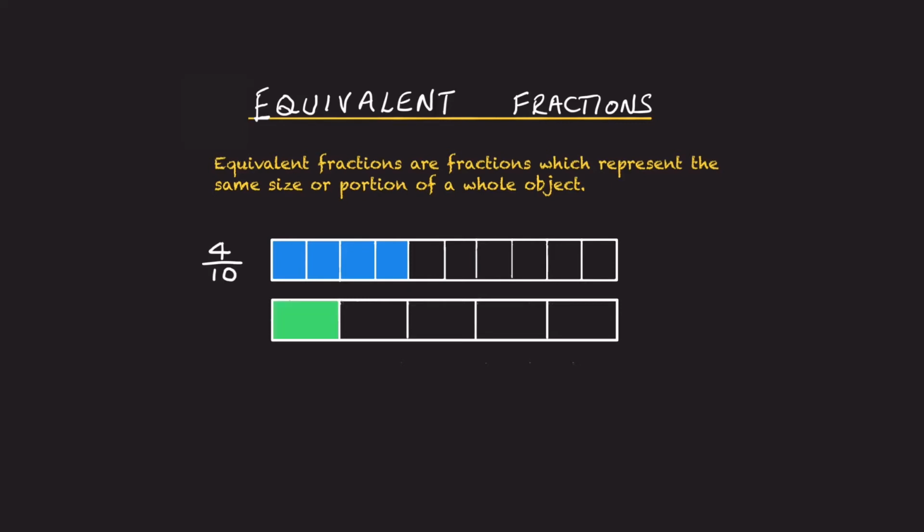This time we'll make it green, and so the bottom coloured part is exactly the same size as the blue one, and therefore the fraction at the top must be equivalent to the fraction at the bottom. The fraction at the bottom is going to be, in this case, 2 pieces out of 5 in total, and so 2/5 will be equivalent to 4/10.